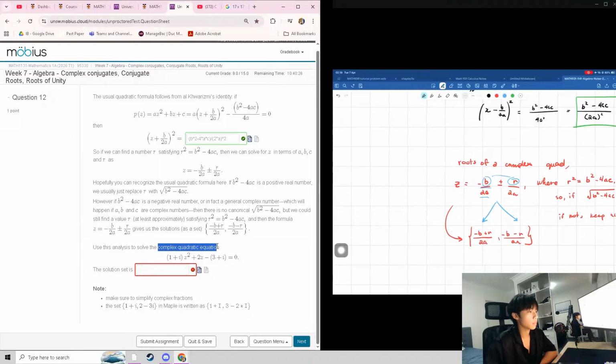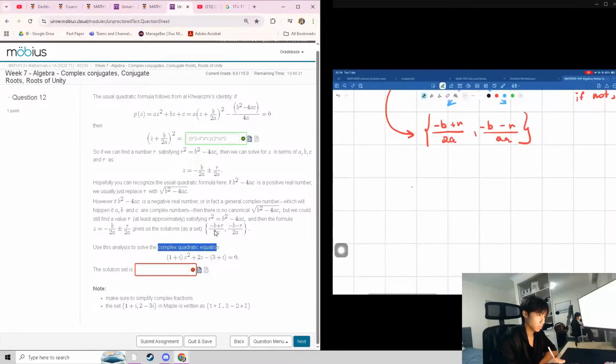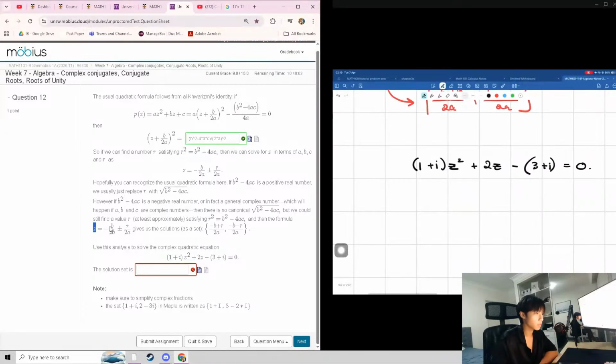Use this analysis to solve the complex quadratic equation. So we've been given that. And so we can just use this, right? So our A is that, our B is that, and our C is minus 3 minus i.